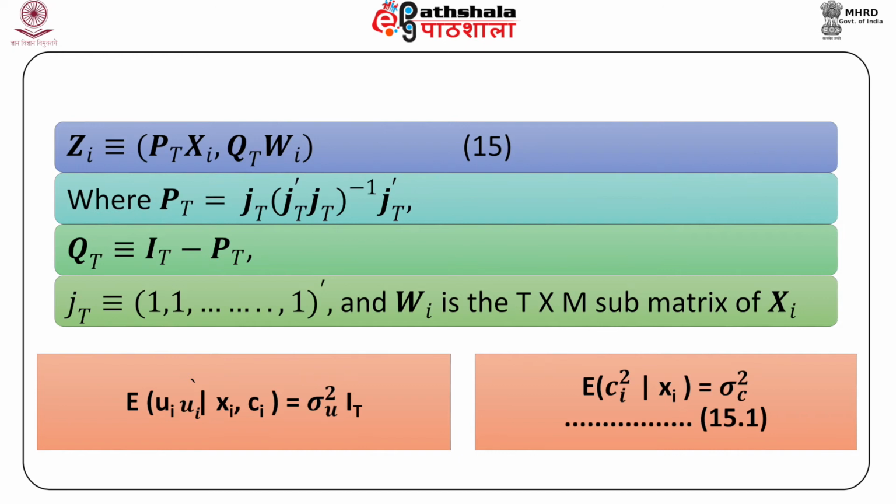Here all these T's are capital T's. Now J_T is defined to be equal to a vector of ones, and W_i is the T by M submatrix of X_i obtained by removing the time constant variables, which is identical to the random effects estimator. The column dimension of matrix 15 is K plus M. So there are only M over-identifying restrictions in using the 3SLS estimator.